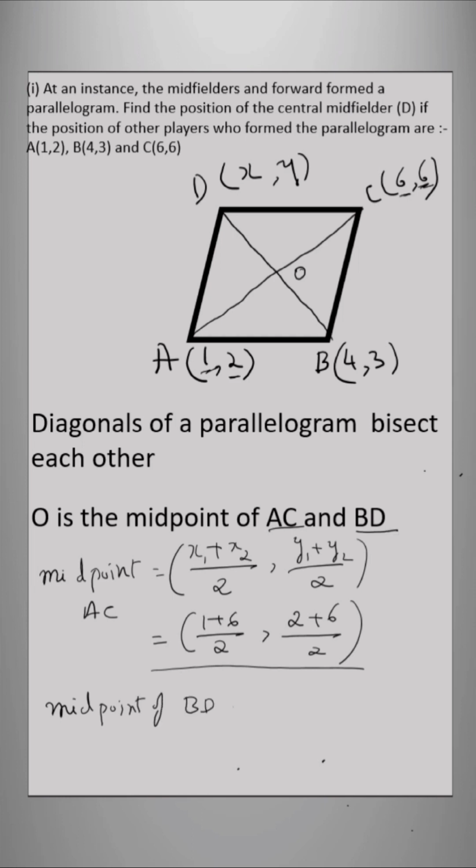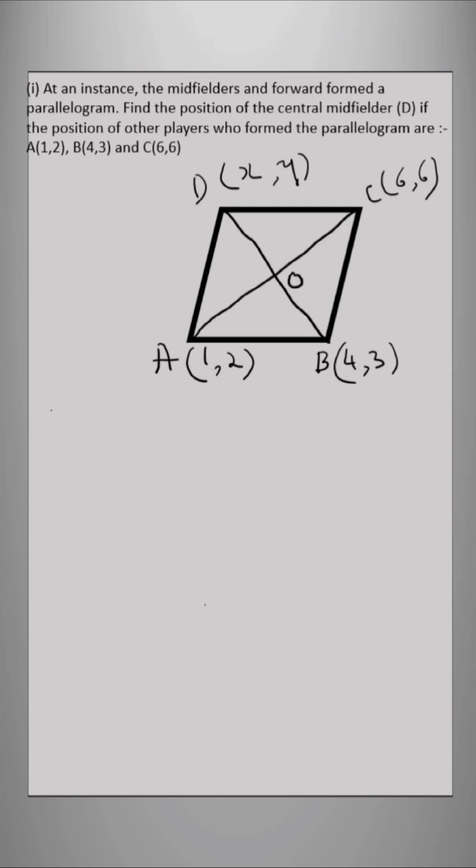What is the midpoint of BD? (4 plus x) by 2, comma, (3 plus y) by 2. So now we can say that (1 plus 6) by 2 is equal to (4 plus x) by 2, and (2 plus 6) by 2 is equal to (3 plus y) by 2.